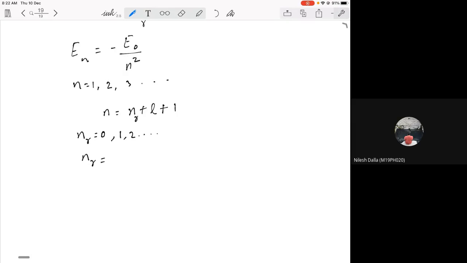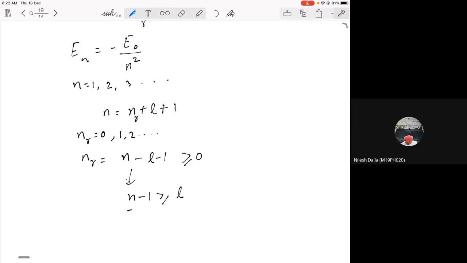If I write it down, this n_r value will be n minus l minus 1, right? So this is a positive integer, which is always greater than or equal to 0. So this tells you the condition that, if you rearrange this equation, n minus 1 will be greater than or equal to l.